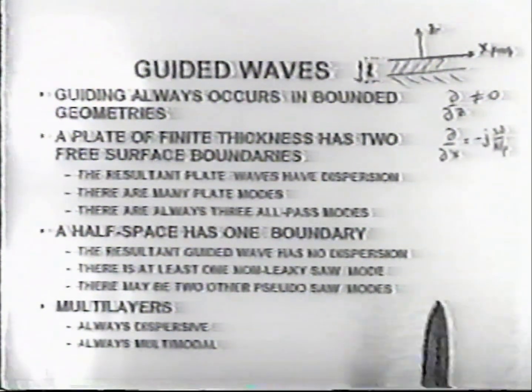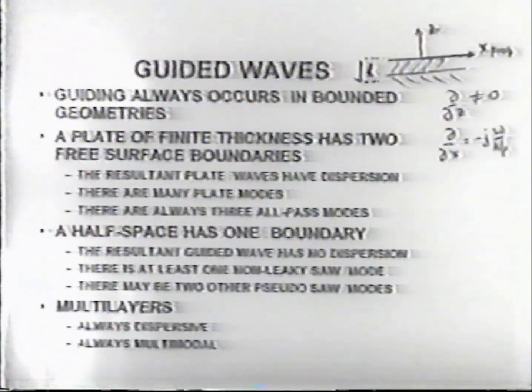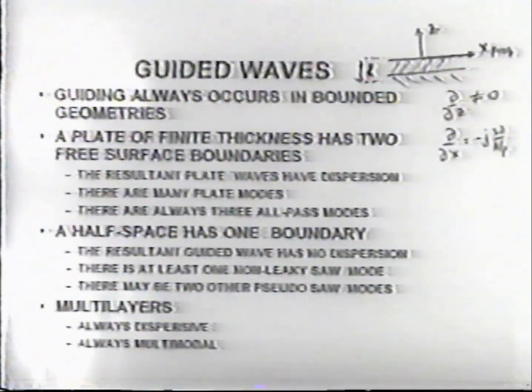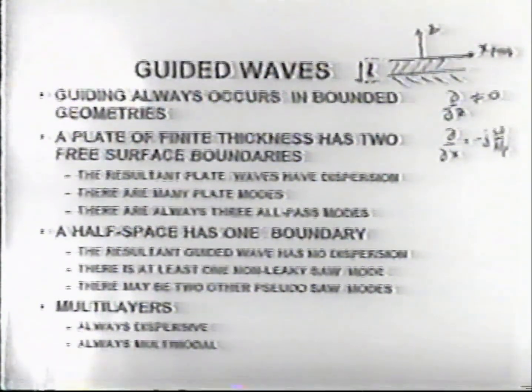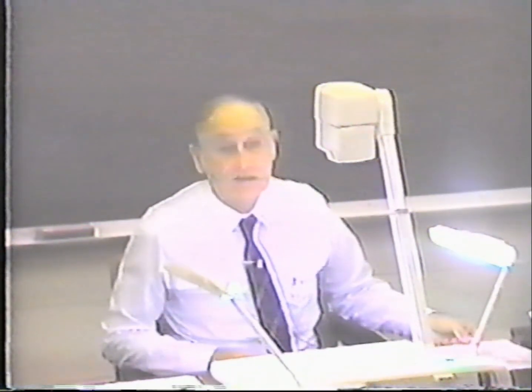For the guided wave problems, we do not know a priori what the phase velocity is going to be for a given frequency. And how you handle and solve that problem is something I want to move on to next. Are there any questions on the things I've said until now?